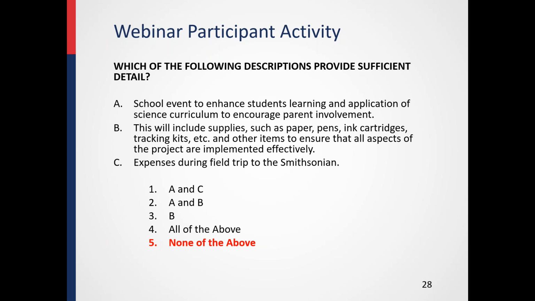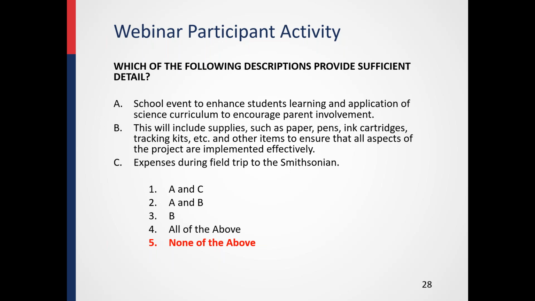And then C, expenses during field trip to the Smithsonian. That doesn't explain what was paid for. So a better description would be something like admission and metro fare for 30 students for Smithsonian field trip, October 15th.